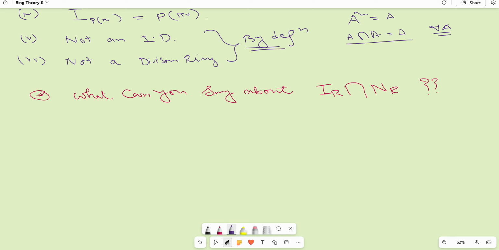So let's suppose A is an element of I(R) intersection N(R). I just defined that this is the idempotent set and this is the nilpotent set. So A is an element which is both nilpotent and idempotent.